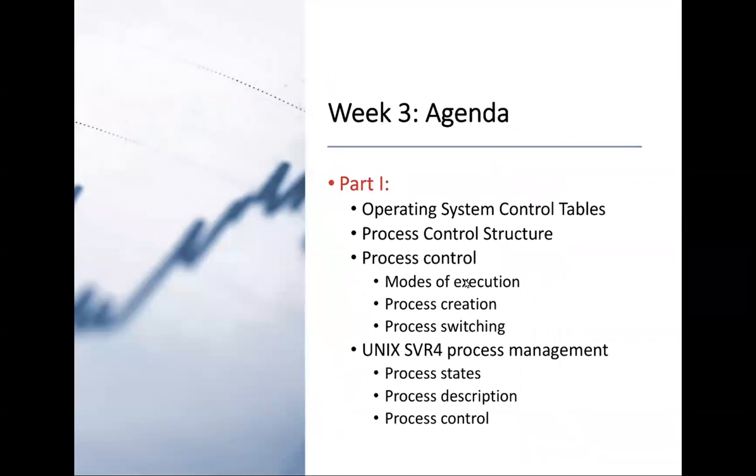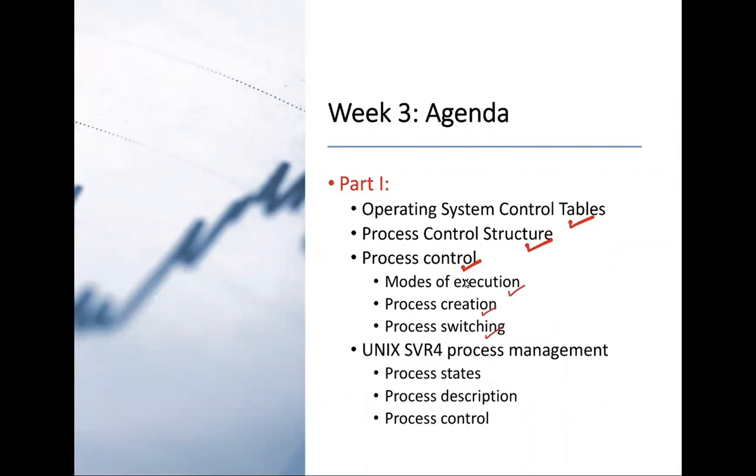So the agenda for today is to go over two parts. The first one is on operating system control tables, the process control structure, followed by the process control in terms of mode of execution, process creation, and process switching.